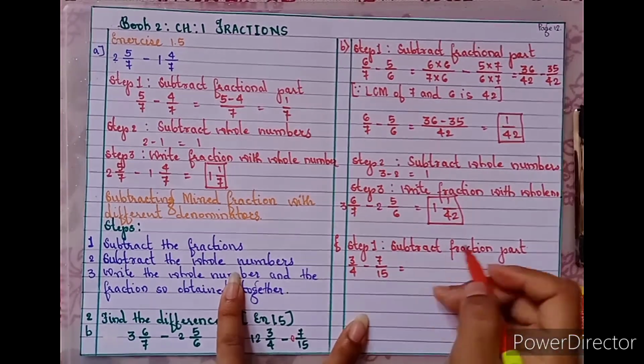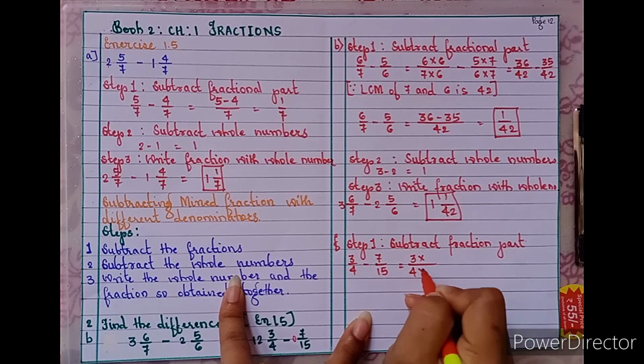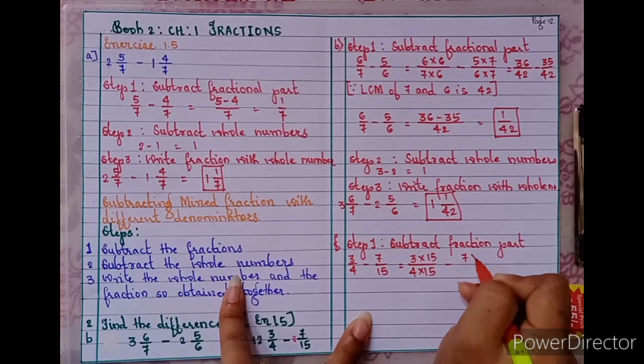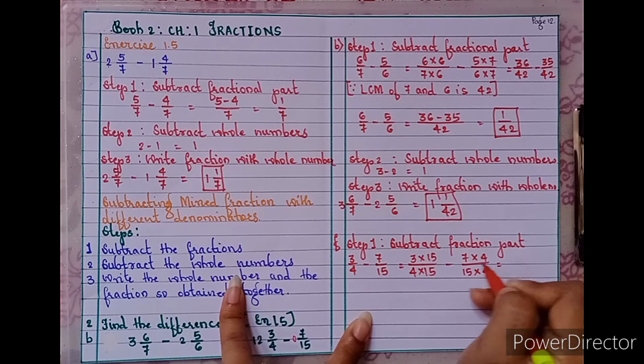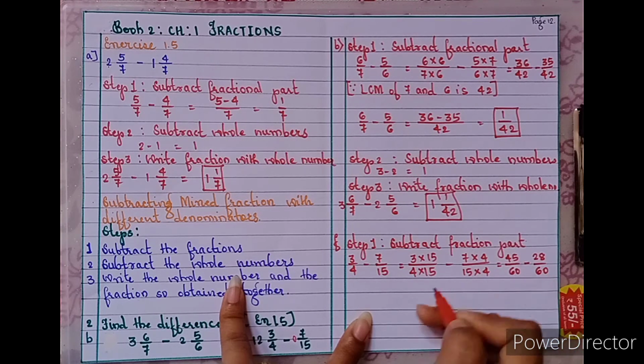So let's write here 3 into 15 minus 7 into 4, that makes the denominator 60. 45 divided by 60 minus 28 divided by 60.